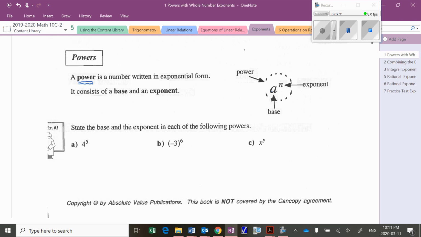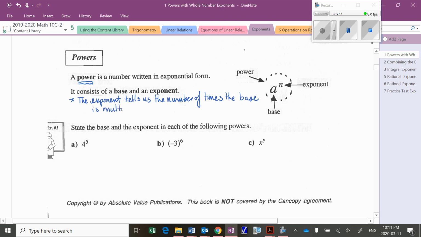So let's just write this out. These are a couple of points that we've always talked about. The exponent tells us the number of times the base is multiplied by itself.